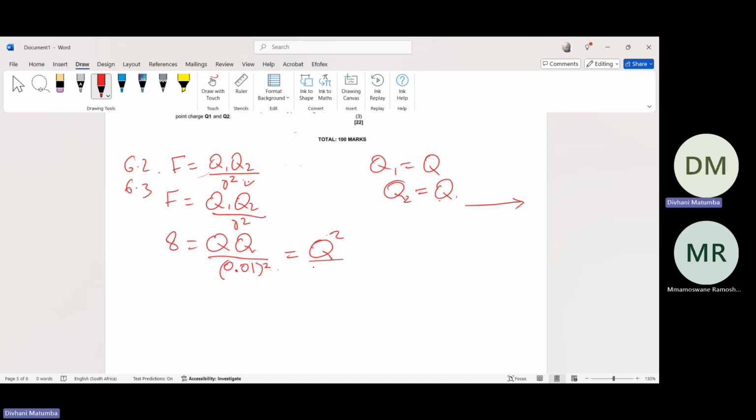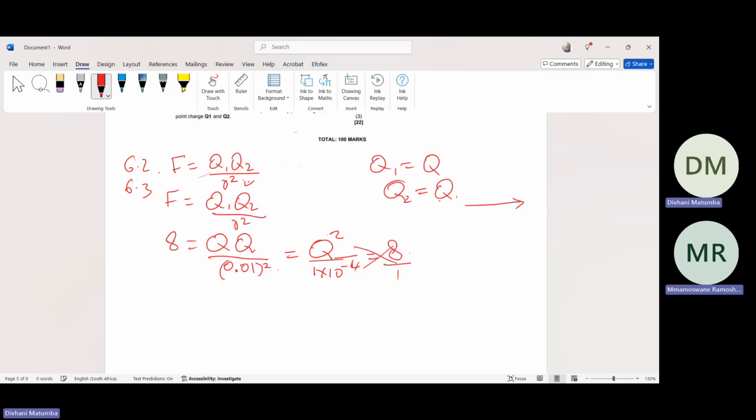Good. 1 times 10 to the power -4. My calculator is in times. 1 times 10 to the power of -4. That's not bad. Is equal to 8, 8 over 1. You agree?